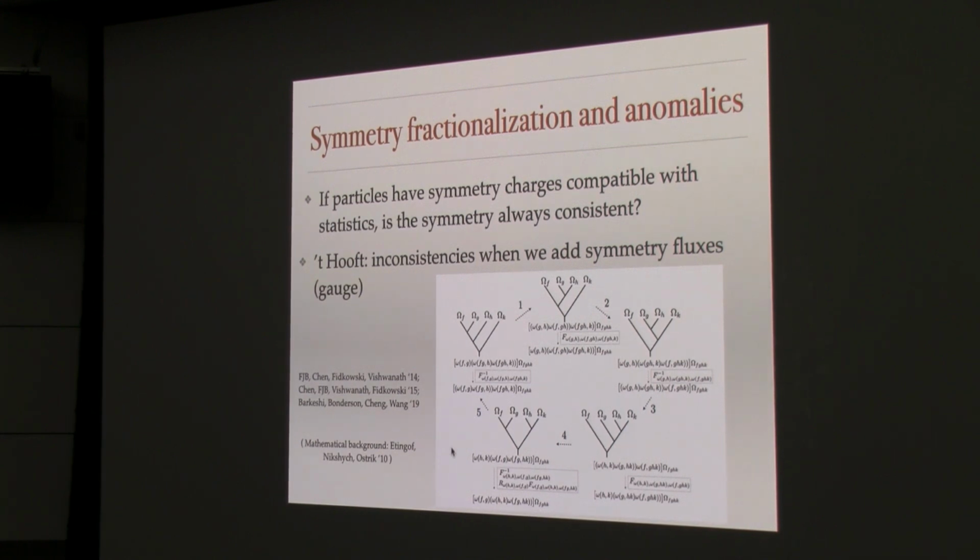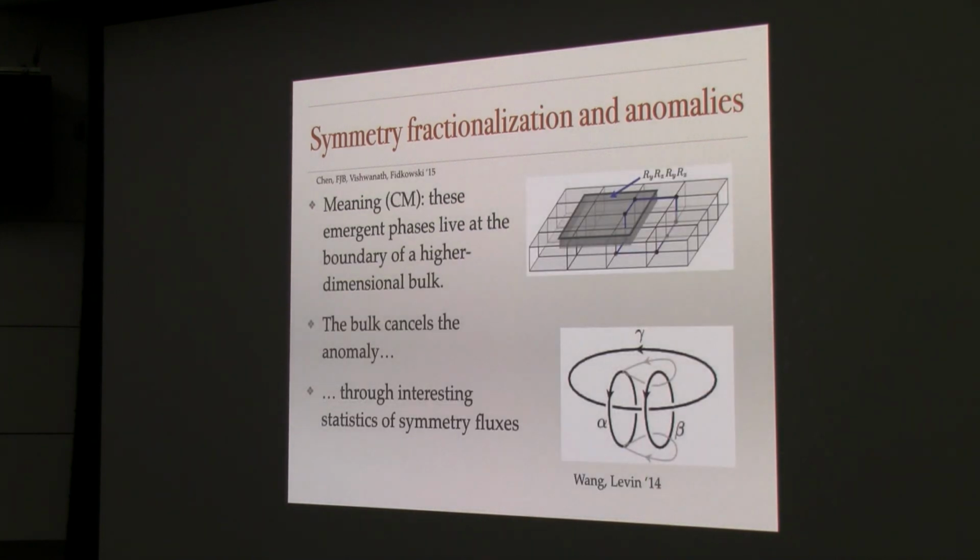Okay. And so as I said, in condensed matter, the natural interpretation of this is, boy, this is not something that naturally happens in 2 dimensions alone, but it could be something that happens at an interesting boundary of a higher dimensional system, okay?